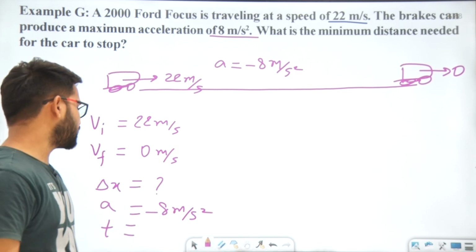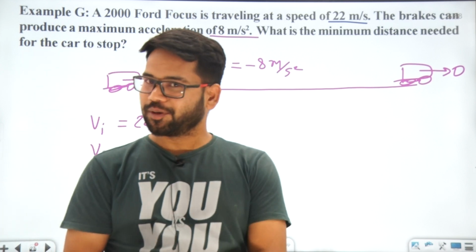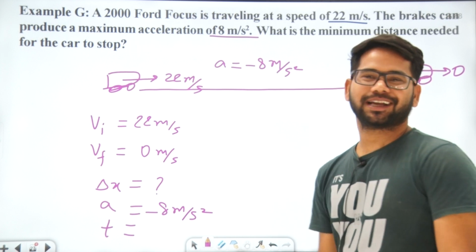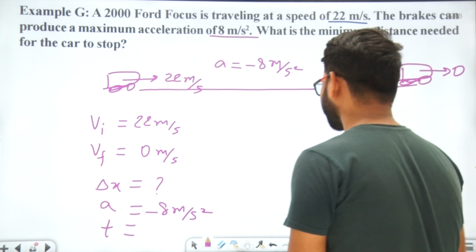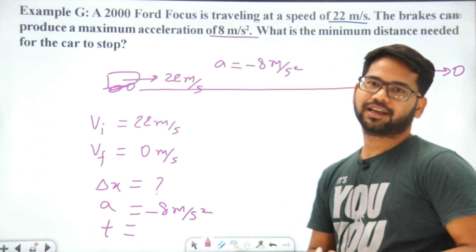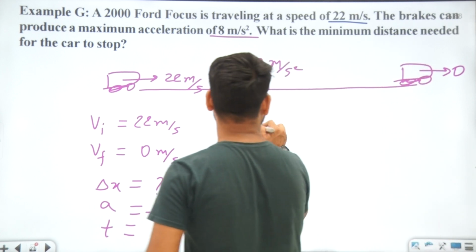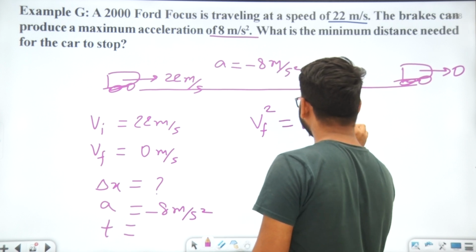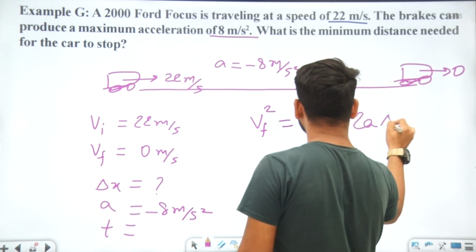So students, we need to apply the no time equation. If you remember, the no time equation is Vf squared equals Vi squared plus 2a delta x.